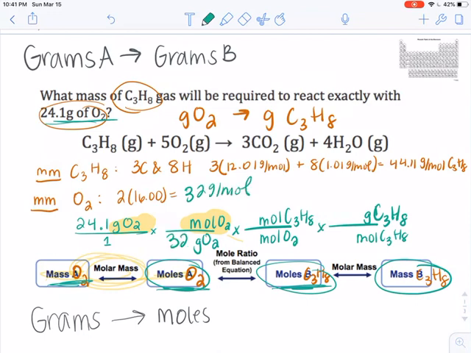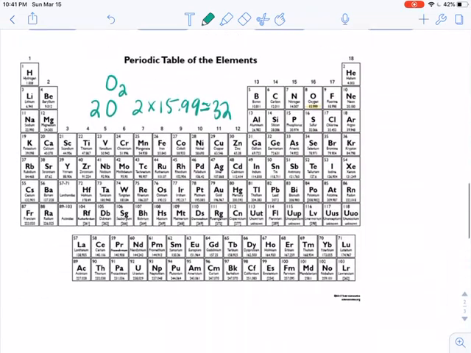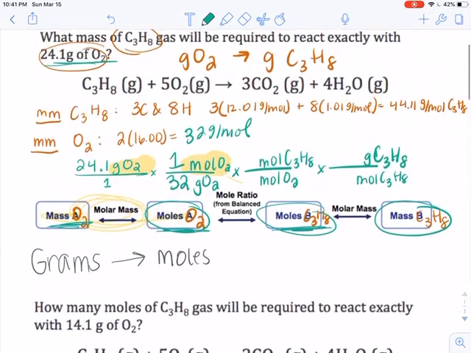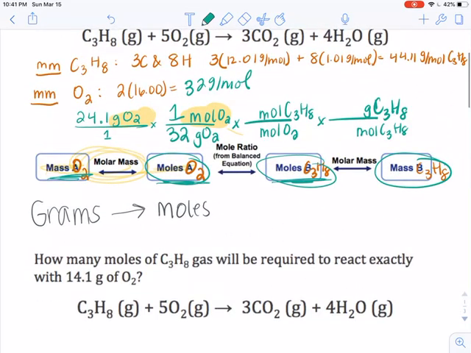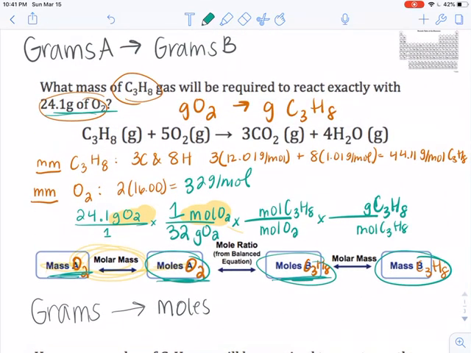So 32 grams goes with the O2 and 1 mole goes with the mole. That is because everywhere on the periodic table of elements, when it has a mass, it is talking about 1 mole of that atom, and therefore it is this many grams in 1 mole. Since we have 2 oxygens in this molecule, that would be 2 times 16.